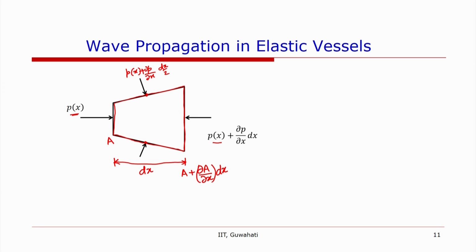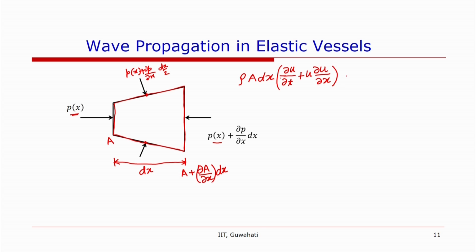So if we write down the force balance, m into a, so that will be m is rho into V. V is the volume of this fluid element, so A into dx, the area of cross section into dx, into the acceleration del u by del t plus u del u by del x.